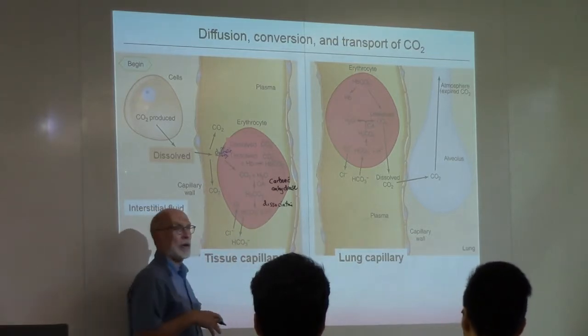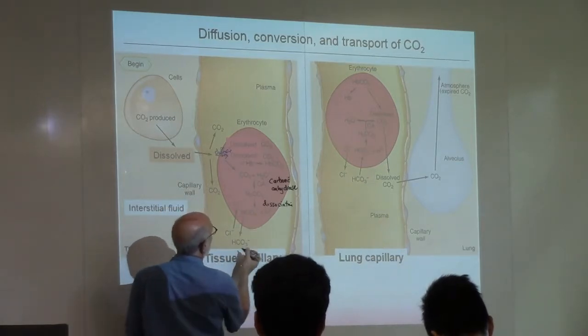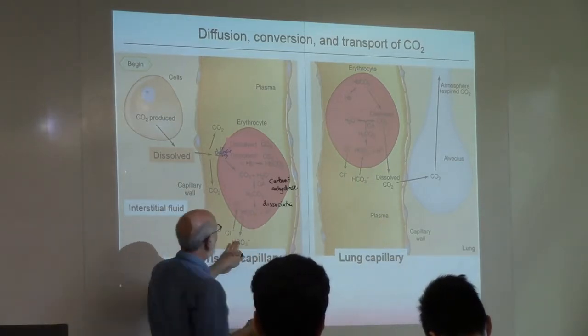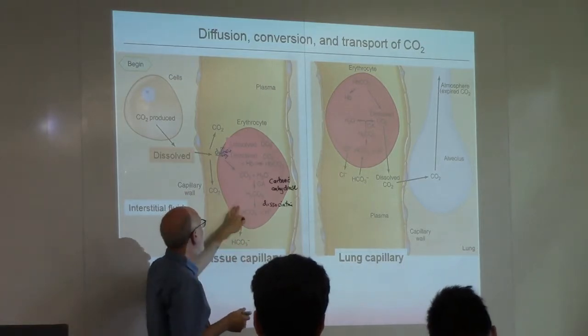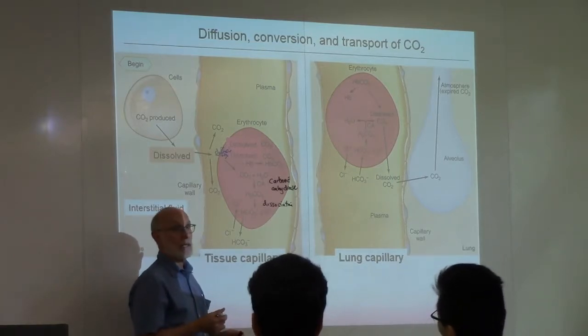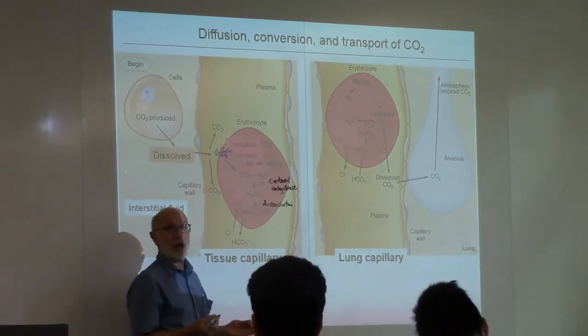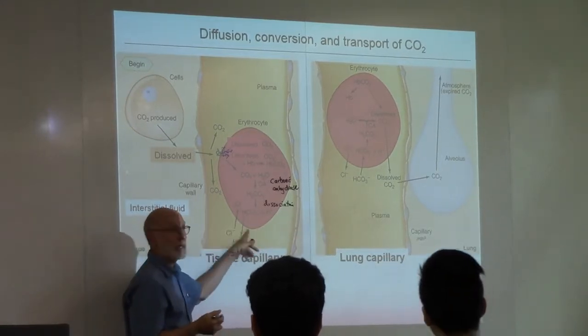Now, here's a step that your book is particularly sloppy about, because this arrow looks like bicarbonate is just moving out of the red blood cell, and this arrow makes it look like chloride ion is just moving in. Well, neither of those ions just diffuses, right? Because they're charged, and you know that ions don't diffuse through plasma membranes.